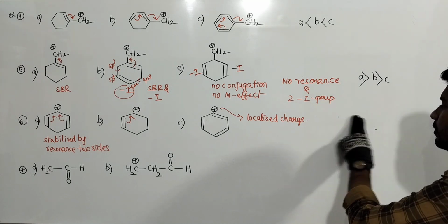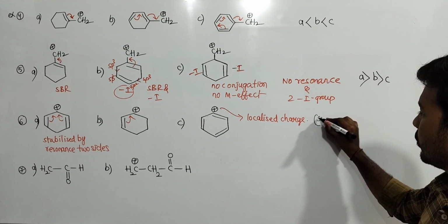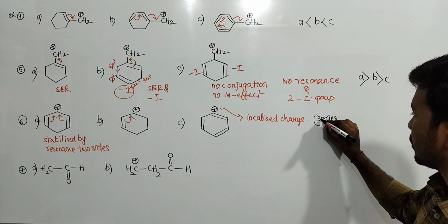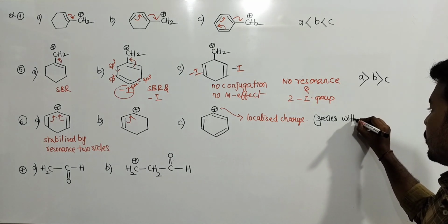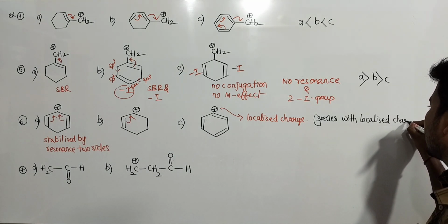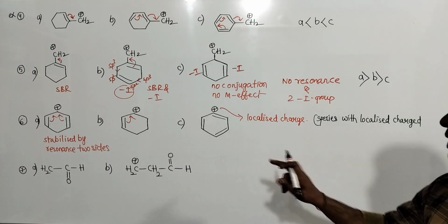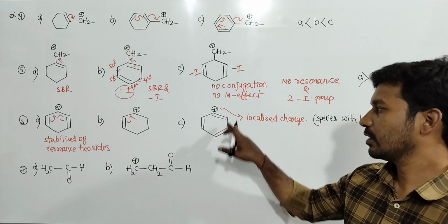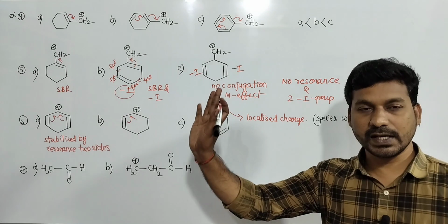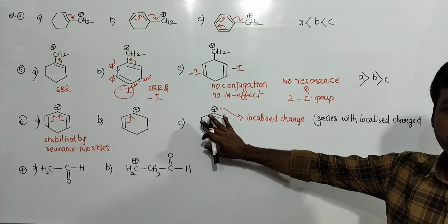That means molecules and species with localized charges are unstable. Localized means delocalization is not possible. Delocalization means the positive charge comes here. Double bond delocalization, positive charge delocalization. Delocalization leads to increase in stability, localization leads to decrease.